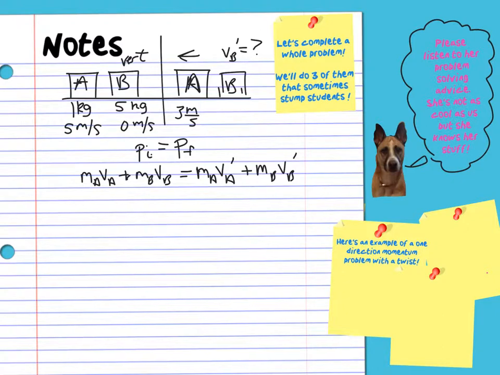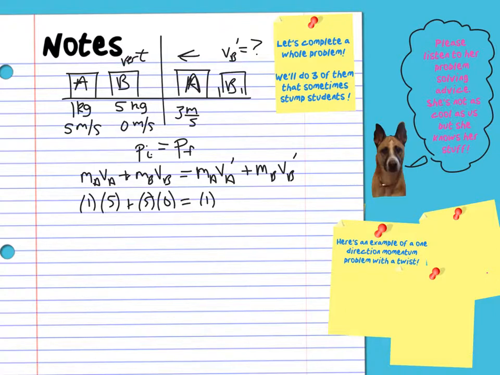So we put our numbers in. 1 times 5 plus 5 times 0. Do you see how easy this is and how it helps us ensure that we're not going to make any mistakes? Now, what's the mass of A? It hasn't changed. It's still 1.